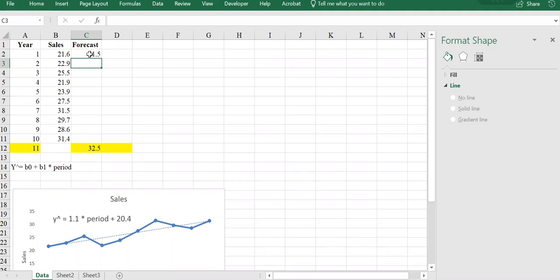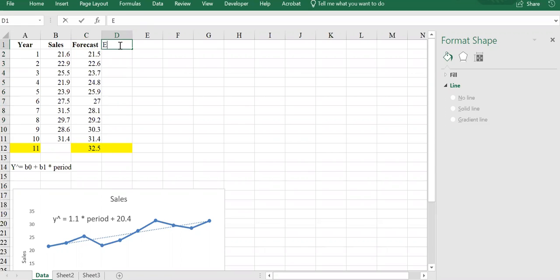So that's just the forecast for the first year. And if I just drag it down, I'll get the forecast for year 1 to year 10. All right, so now we have both sales and forecasts.